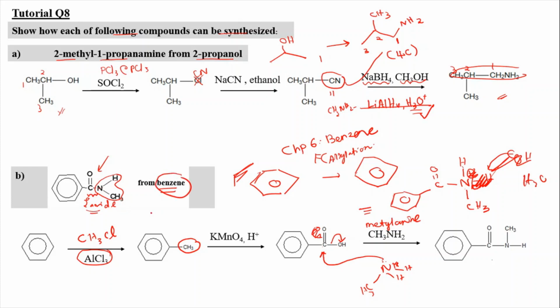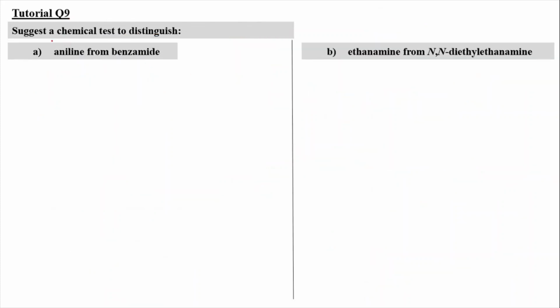Okay, so that's all for tutorial question 8. For tutorial question 9, we have to suggest a chemical test in order to distinguish between aniline and benzamide. So aniline is basically a benzene ring that is attached with an amino group.